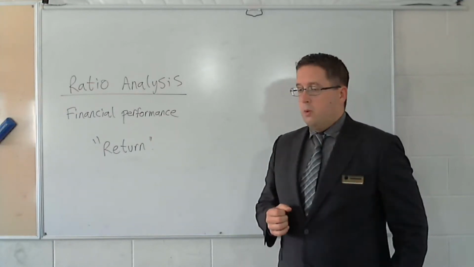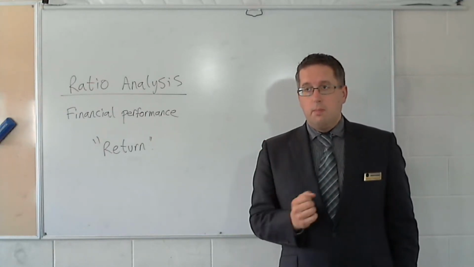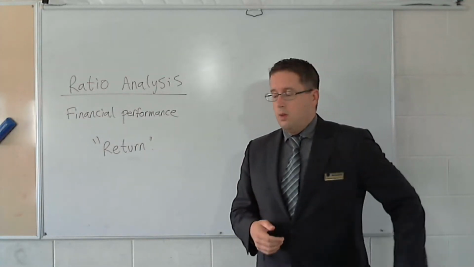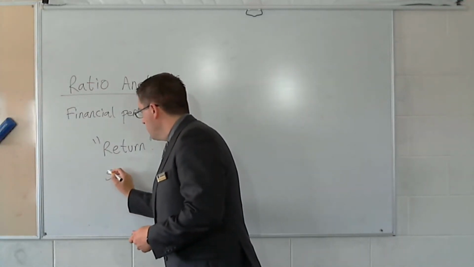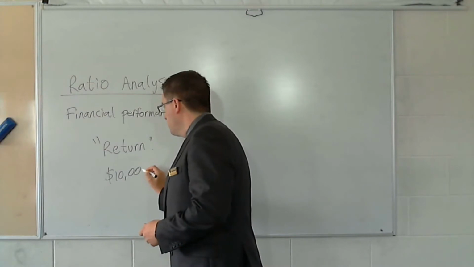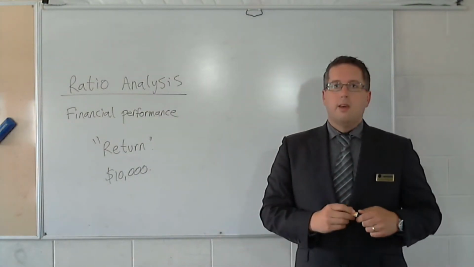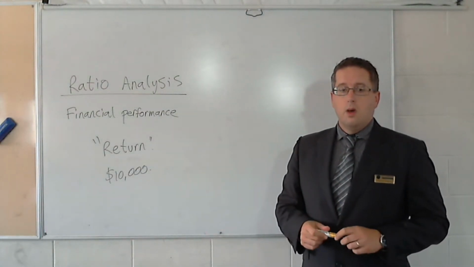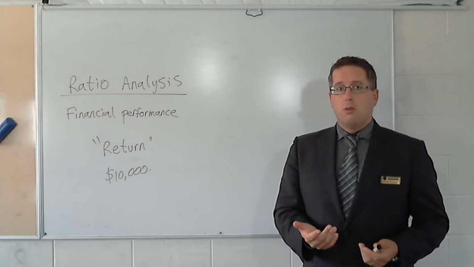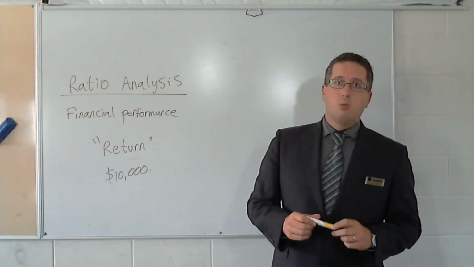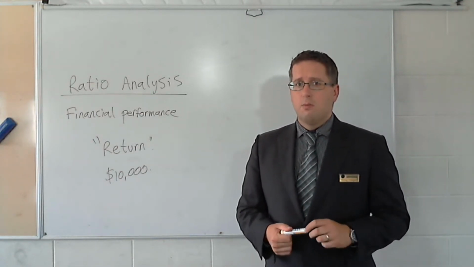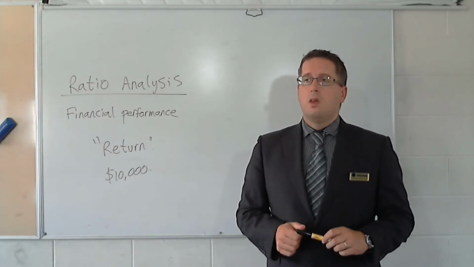So if you put some money into a bank, for example, if you had $10,000 and you put it into a bank as a term deposit for a year, well, you would expect a return on your money. And the return in this case would be interest received from the bank.